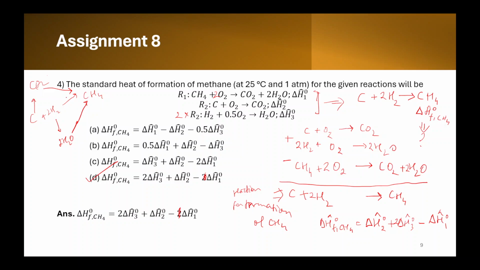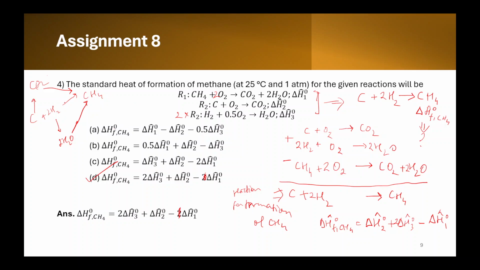So this is basically Hess's law of heat summation. So we needed to compute this, and we knew this and this.